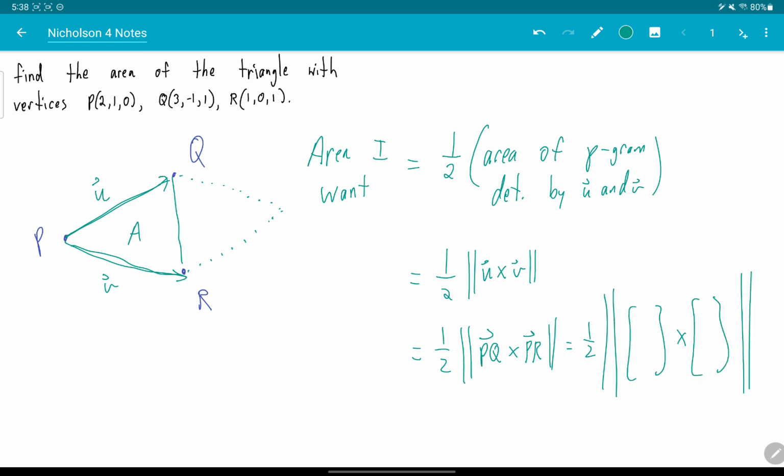So PQ, I go Q minus P, right? So I get 1, and a minus 2, and a 1. And then PR is R minus P, so minus 1, and a minus 1, and a 1.